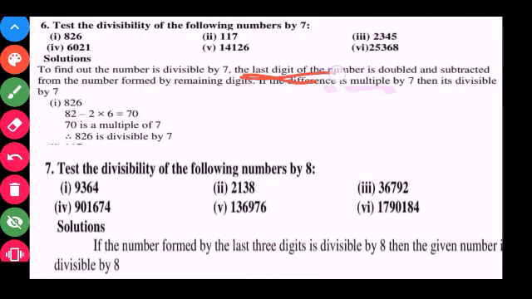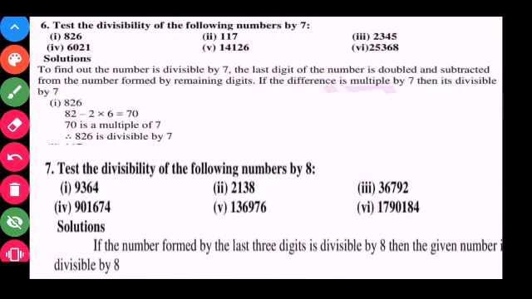That means what we have to do is double the last digit, then subtract it from the number formed by the remaining digits. If the difference is divisible by 7 or is a multiple of 7, then the number is divisible by 7.